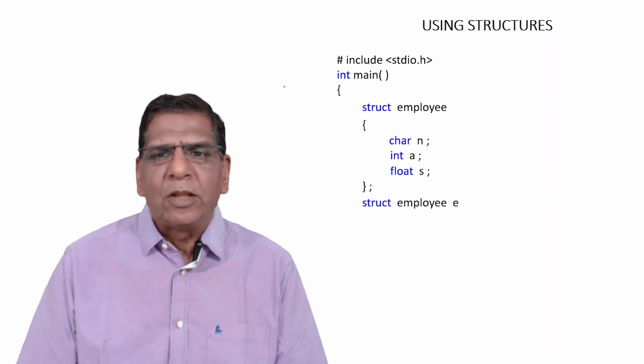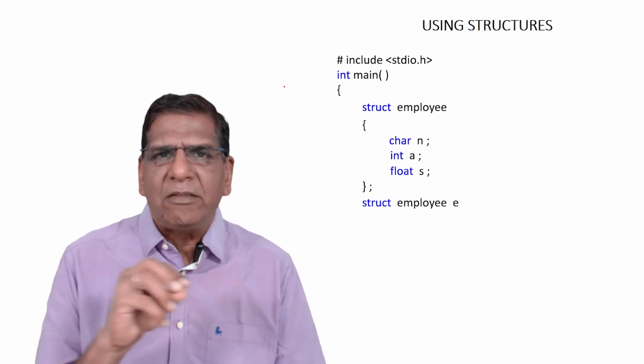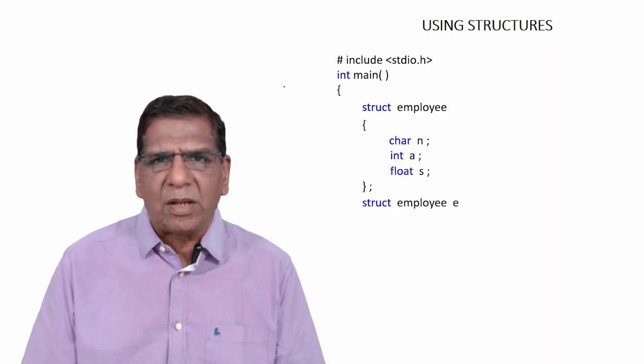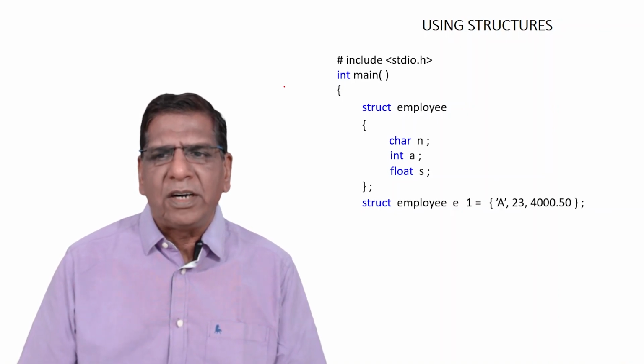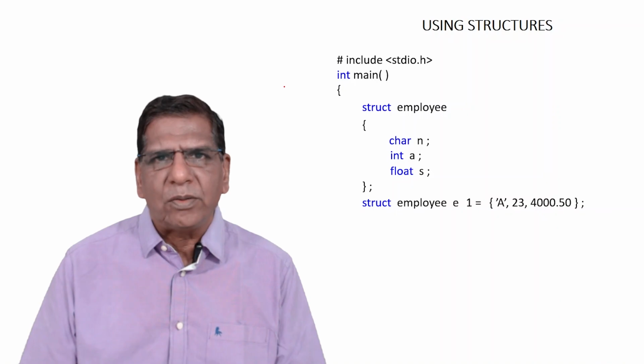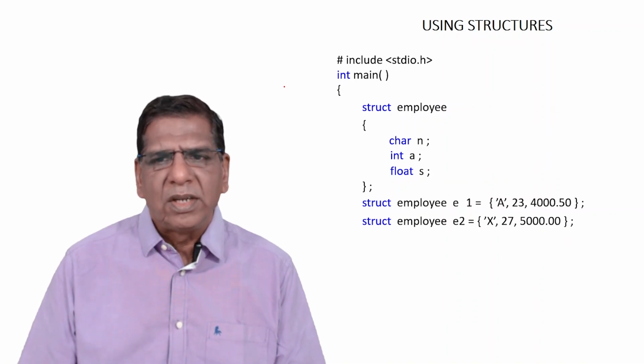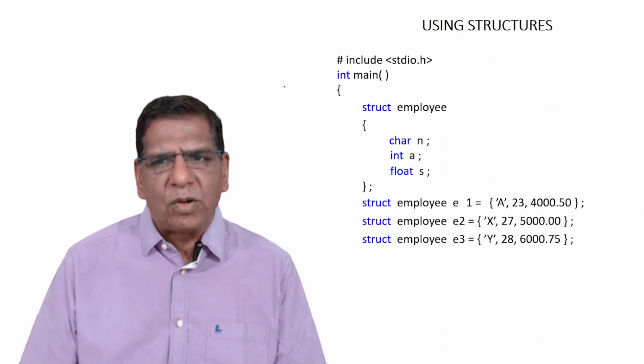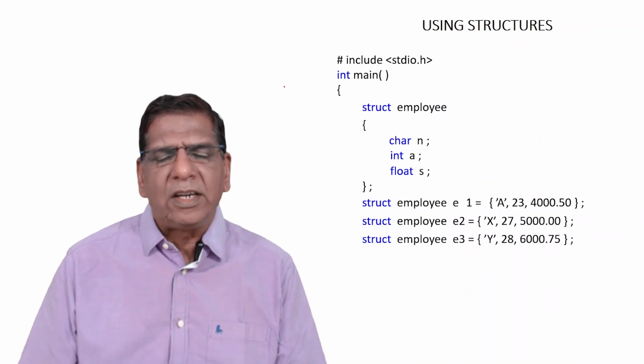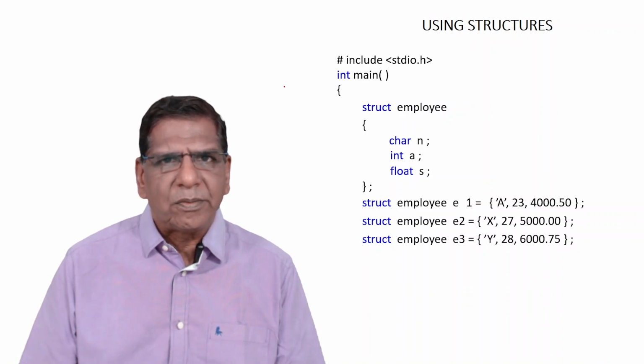Fine. Not only do I want to define E, a variable of the type struct employee, I also wish to initialize it. And since we propose to create 4 such variables, I would say E1 is equal to A 23 4000.5. Similarly, struct employee E2 equal to X 27 5000.0 and struct employee E3 equal to Y 28 6000.75.